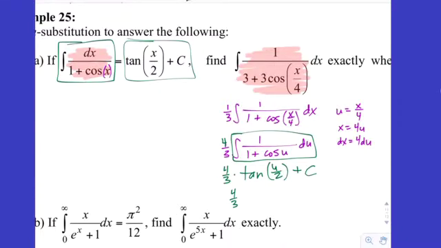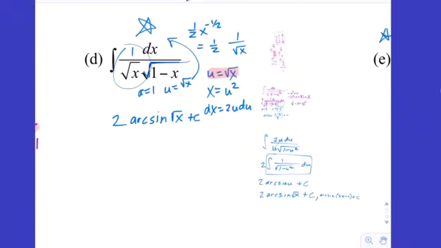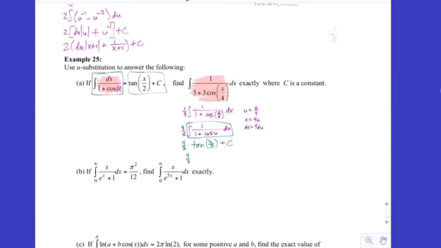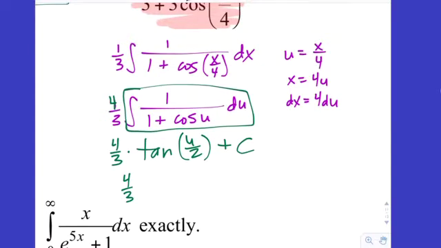My next step is now to replace u with x fourths. So I'm going to get x fourths halves. It's just like we did earlier, right? We put it in terms of u, then we integrated it, and we substituted at the end. I put it in terms of u, I integrated it not by hand, but by using information given. And now the last step is to replace this u with what u is.